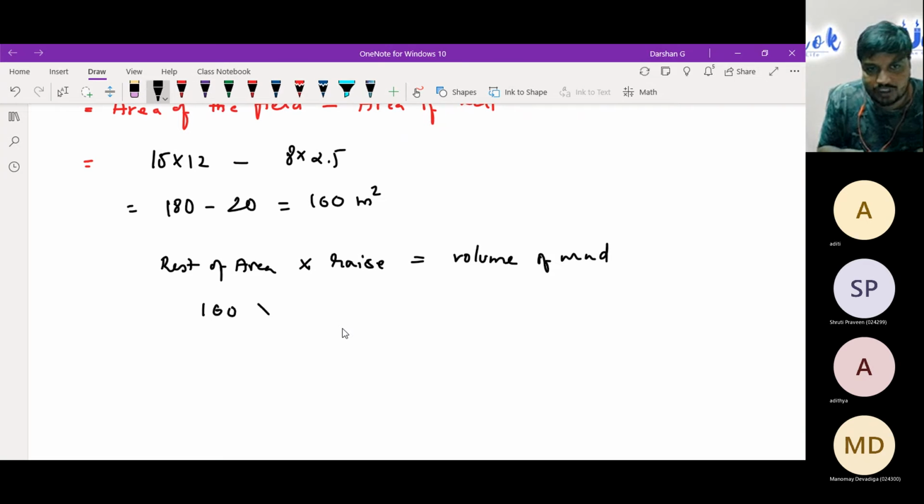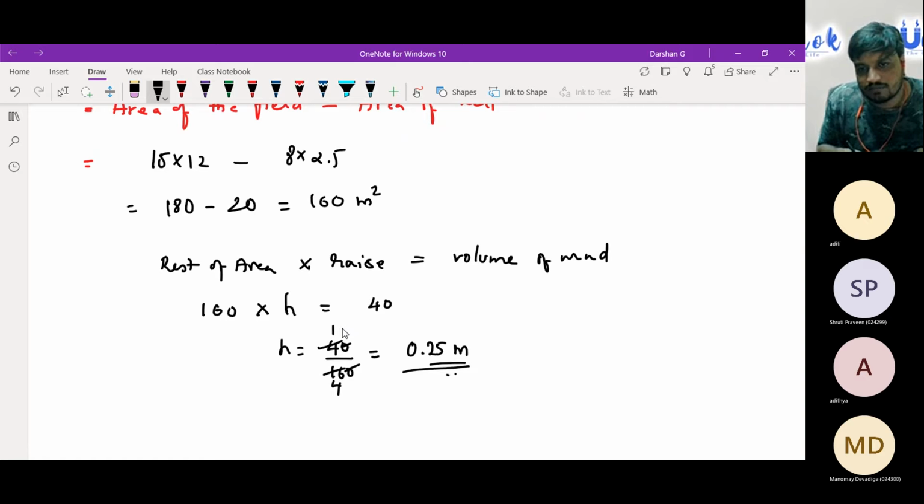Let us take it as H equals the mud taken out, 40. So H is equal to 40 meter cube divided by 160. 4 ones are 4, 4 fours are 16. The answer is 0.25 meter. If you get 25 centimeter also, that's it.